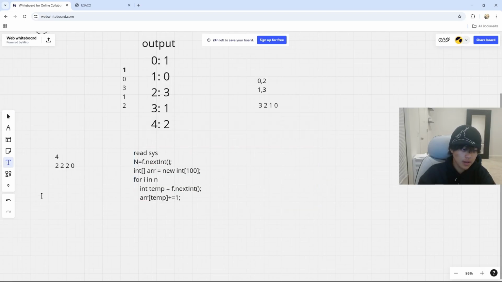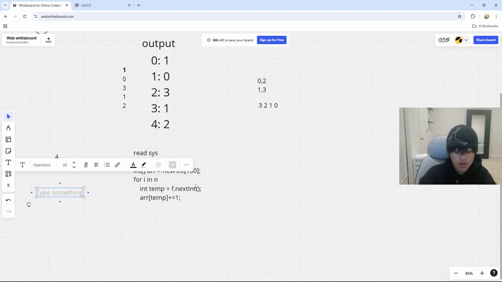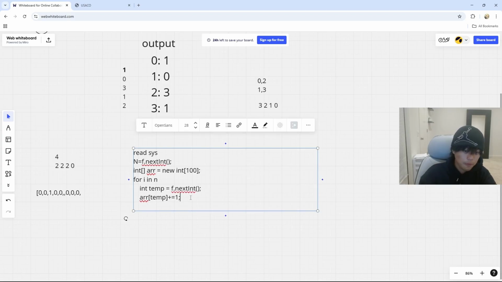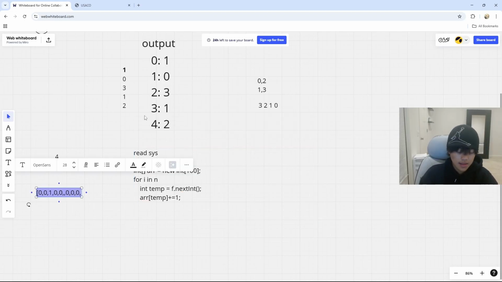So here's what the array would look like at this point. At first iteration, it would be 0, 0, 1, 0, 0, all the way to however big the number was. After it has run through the whole number, in this test case 2220, it would be like this: 1, 0, 3, 0, 0, 0, 0, 0.